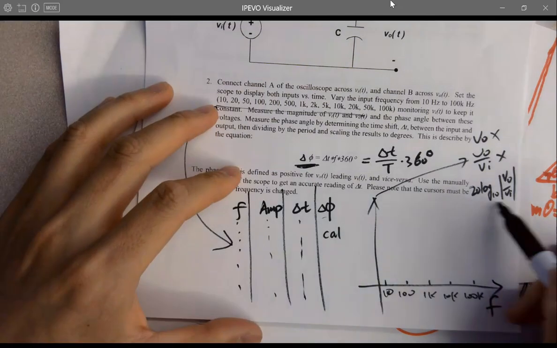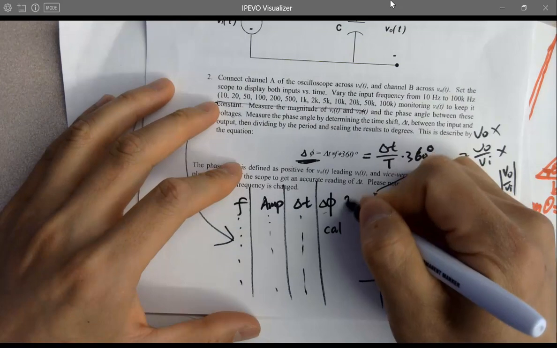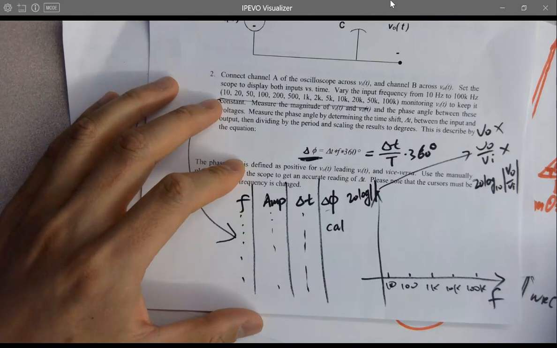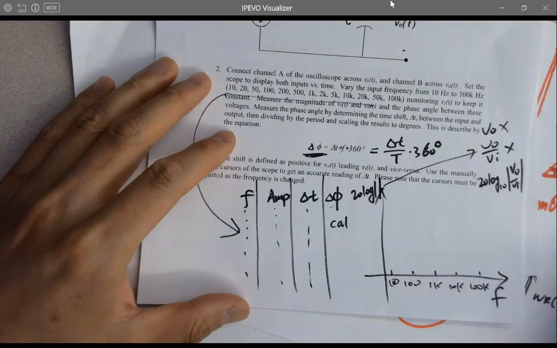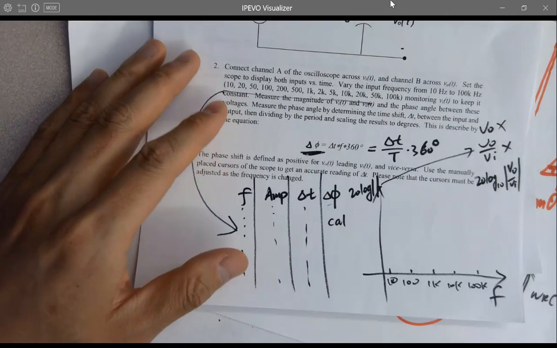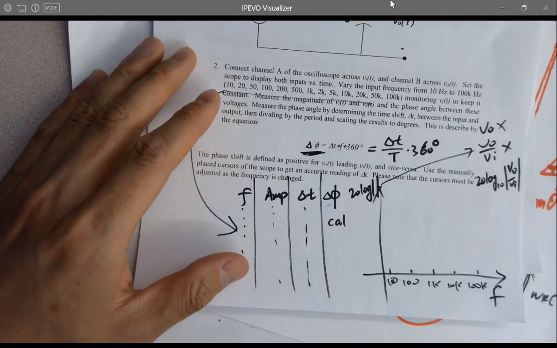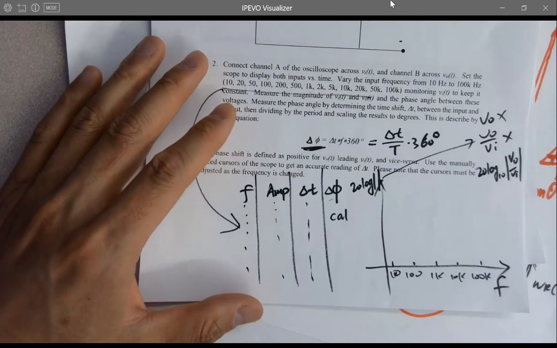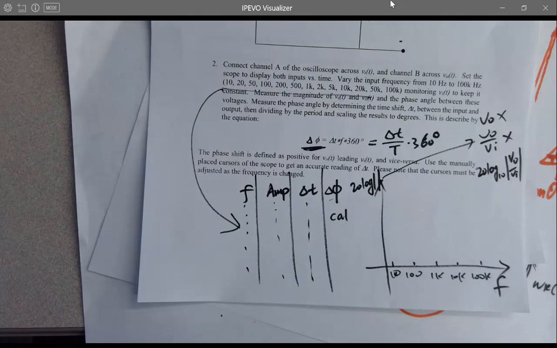So we use 20 times log of VL over VI for the y-axis, and the x-axis is F, the frequency, and that's the Bode plot. Exactly. It's called a decade, 10 times. But they linearize decades. Yep.